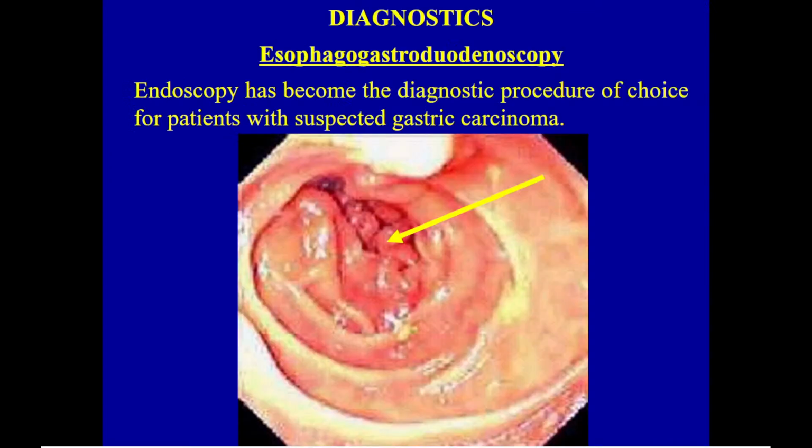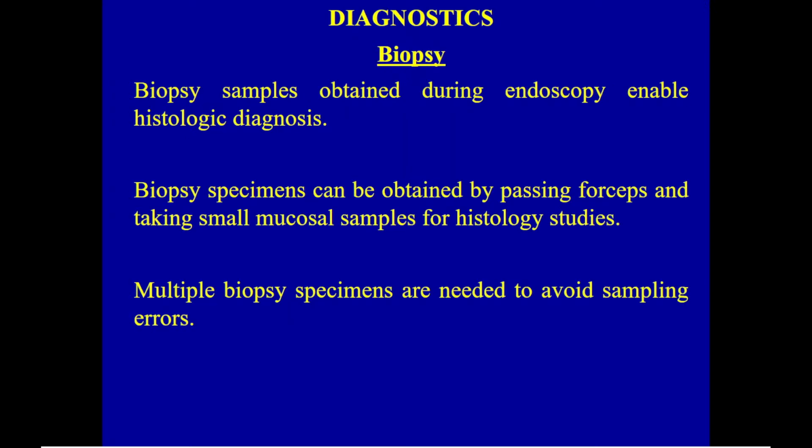Esophagogastroduodenoscopy. Endoscopy has become the diagnostic procedure of choice for patients with suspected gastric carcinoma. Biopsy samples obtained during endoscopy enable histologic diagnosis.